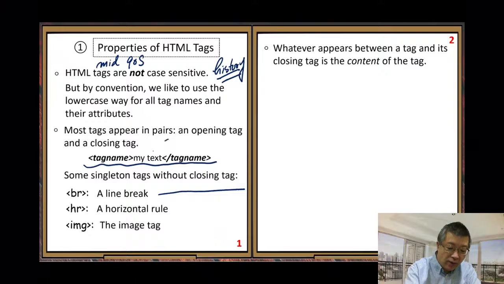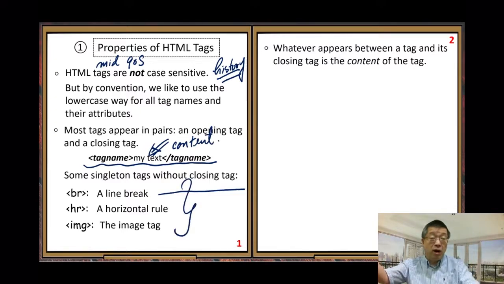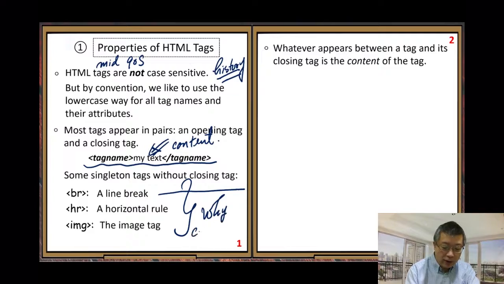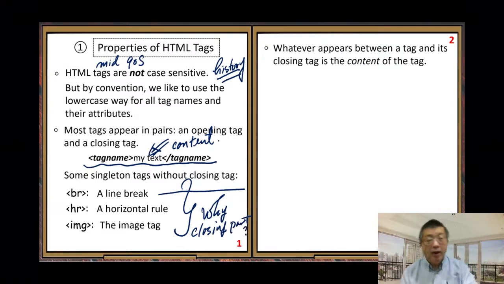But for the cases here, because there is no content part, why do we need a closing tag? You can think about that. But later you will see something special could happen.